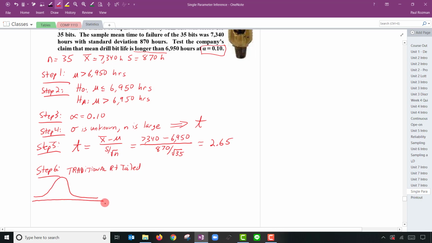So if we're doing a right-tailed test, we only have one critical value. It's a t-score in this case, and we'll write t with a subscript alpha, where alpha is the area underneath the curve to the right because we're doing a right-tailed test. And we know that alpha in this case is 10%.